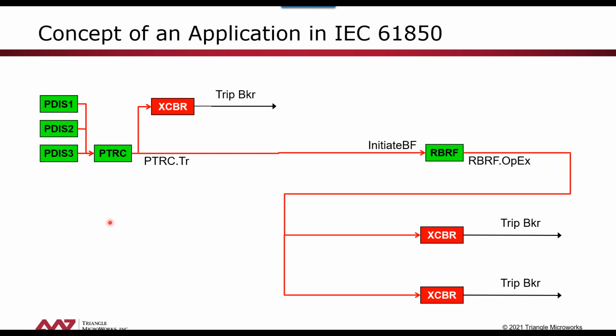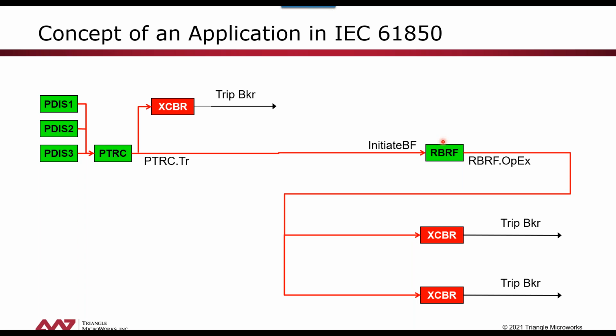But at the same time, this trip signal will initiate the breaker failure function, which is the logical node RBRF. The breaker failure function will supervise that the breaker opened.